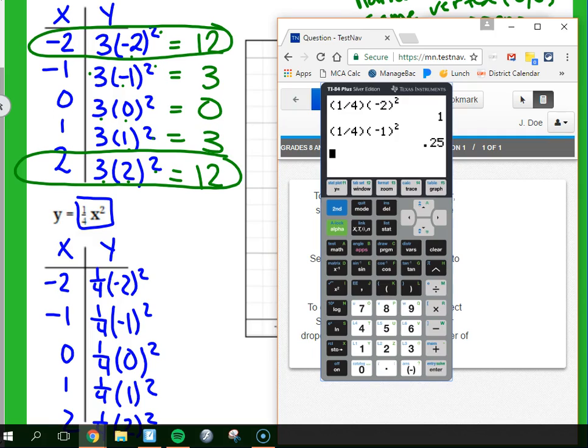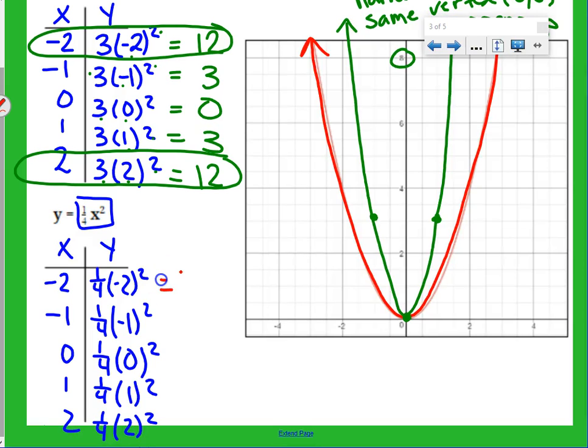When we put 0 in, we're going to get 0. And then we can put 1 into our function and we get 0.25. And then we can put 2 into our function and get 1. So we have 1, 0.25, 0, 0.25, and 1.